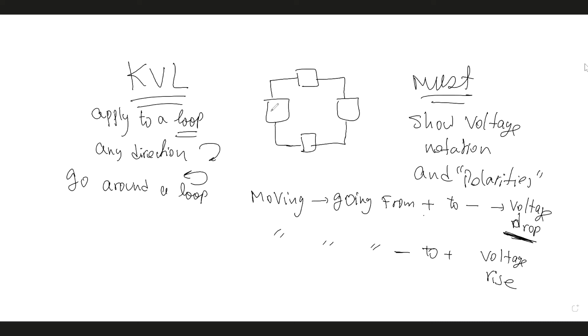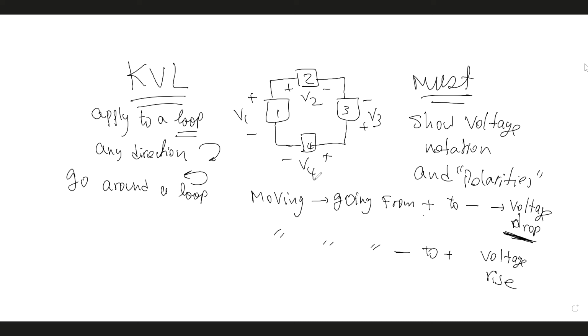Let's say we have elements, and let's use numbers: element 1, 2, 3, 4. Let's apply polarities, any polarity. Let's call this one V1. If it's not given, you have to assign. Minus plus, I don't know, plus minus V2, minus plus V3, plus minus V4.